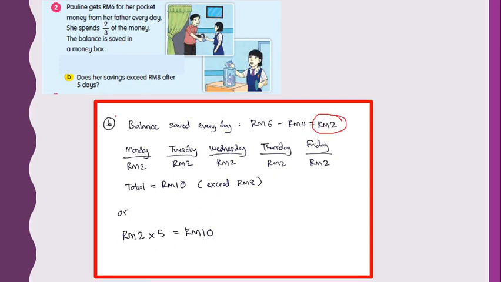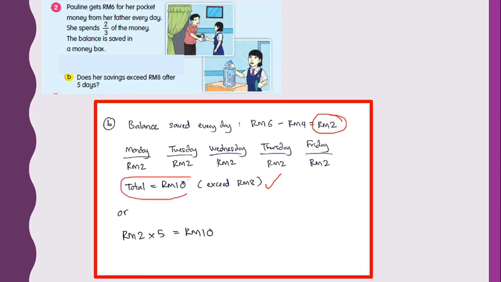So 2 ringgit, she saves for 5 days. Monday 2 ringgit, Tuesday 2 ringgit, Wednesday 2 ringgit, Thursday 2 ringgit, Friday 2 ringgit. So the total money saved by Pauline is 10 ringgit.